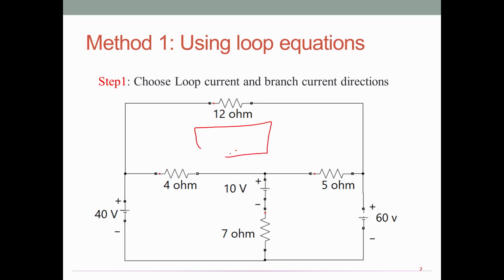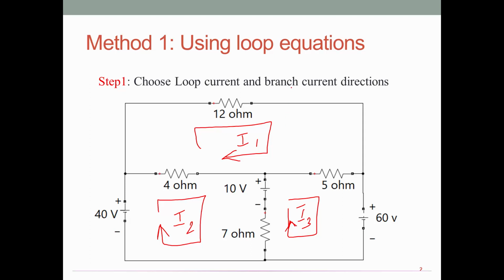I'll take this as first loop, I1 clockwise direction. This is second loop, I2, which is also clockwise. This is third loop, I3. So I have chosen loop current, all three belongs to clockwise direction.